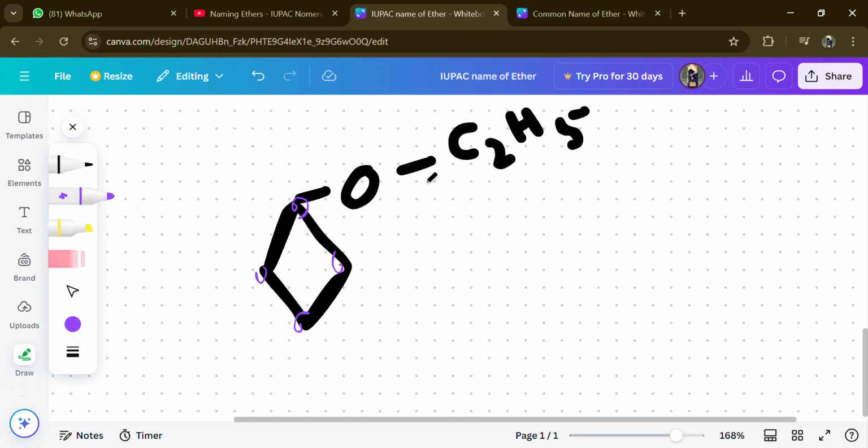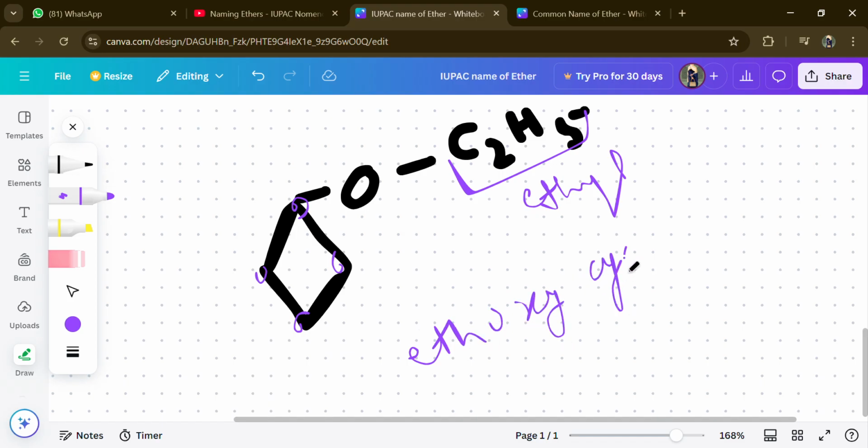And here, this is the condensed form. If you elaborate it, this is basically an ethyl compound, which has 2 carbons. So first we'll write ethoxy, then cyclo. How many carbons are there in the ring? It's butyl, cyclobutyl ether. So this is how you do the nomenclature of ether compounds.